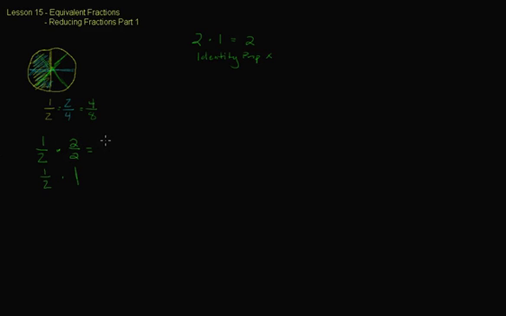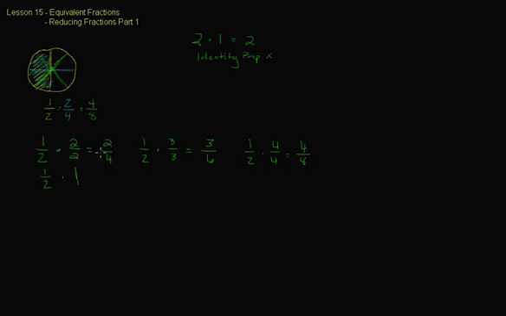So when we do this, we end up with 2/4, which is 1/2. So it hasn't changed. It stayed the same. 1/2, if we multiply it by 3/3, we end up with 3/6. It's still 1/2. Take 1/2, multiply it by 4/4, 4/8.